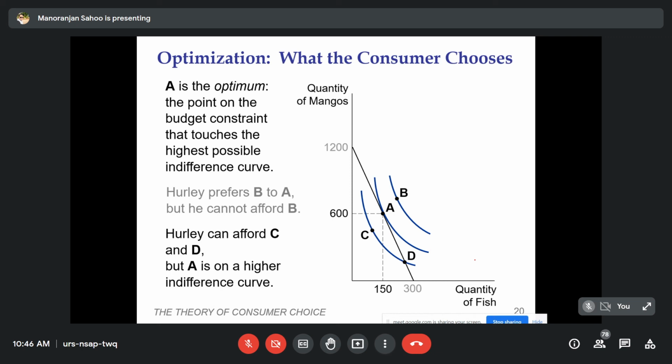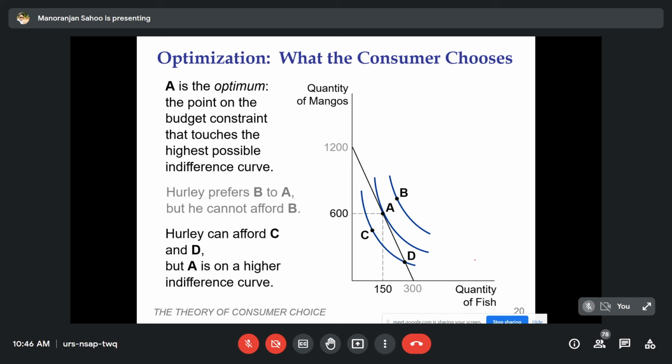So this can be considered the consumer's equilibrium combination because this is upon a higher indifference curve, and it is affordable also because it is upon the budget line. So the consumer's equilibrium is identified at a point where the budget line is tangent to the indifference curve, where a straight line is tangent to a convex curve at a point.